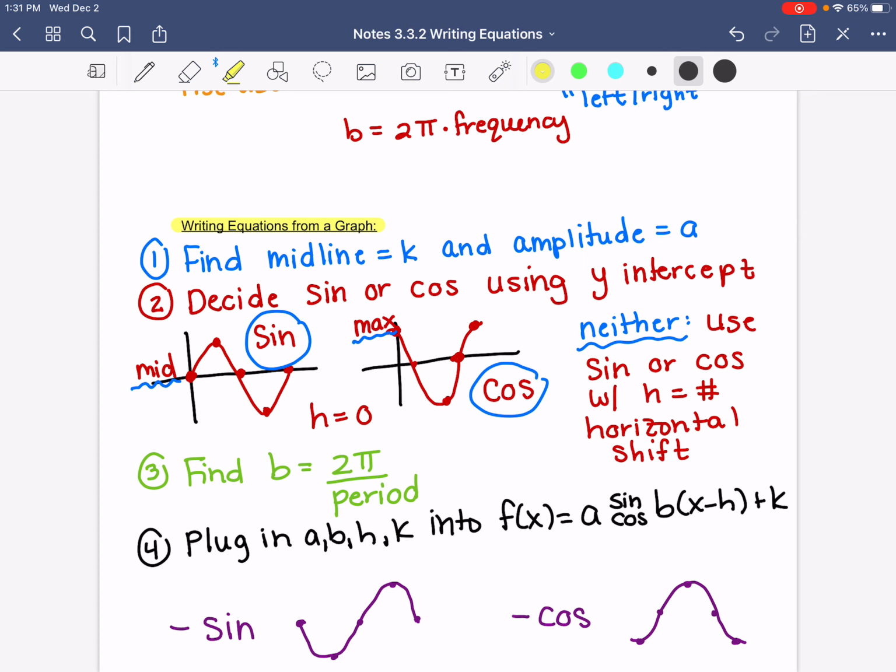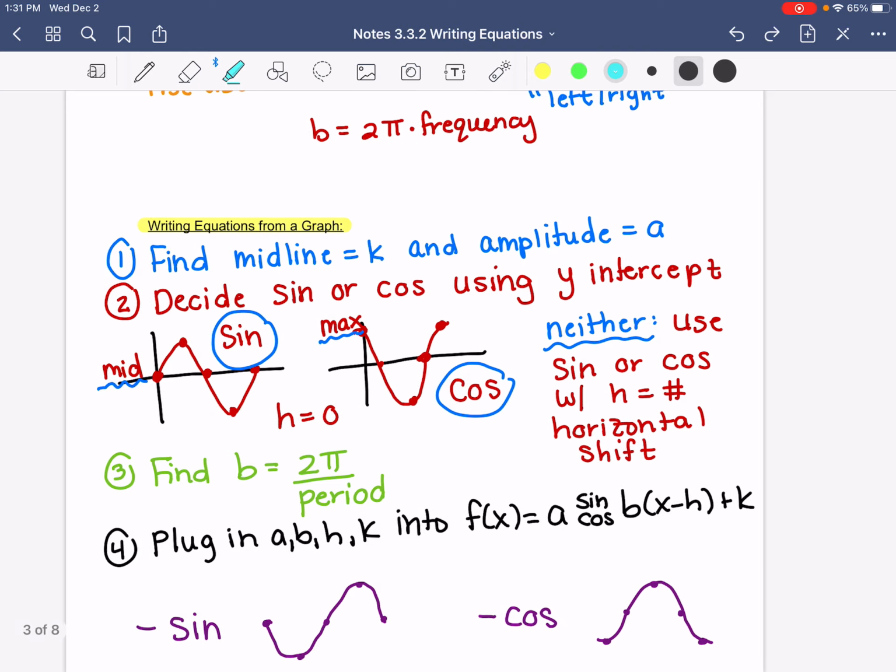So a normal sine curve goes up first and then down, but a negative sine curve goes down first and then up. A positive cosine curve goes max to max, but a negative cosine curve goes minimum to minimum.